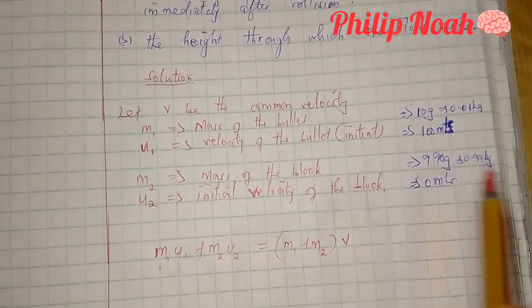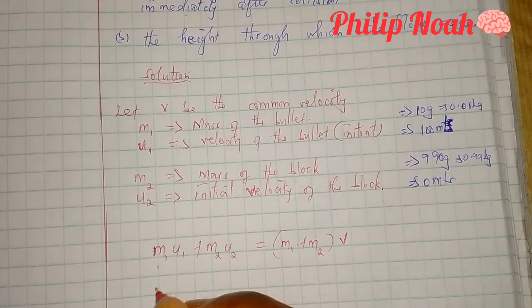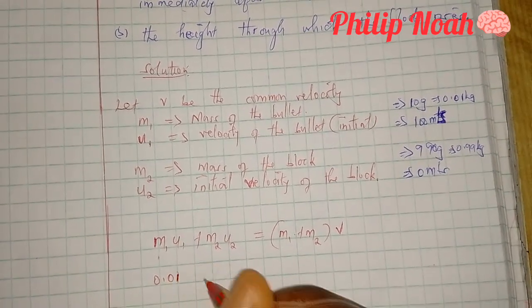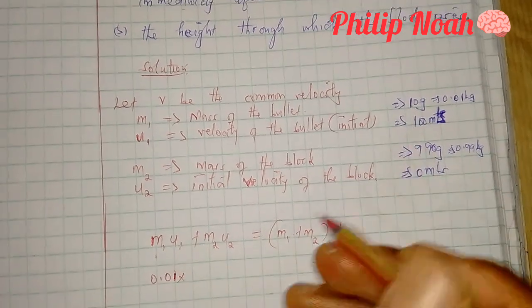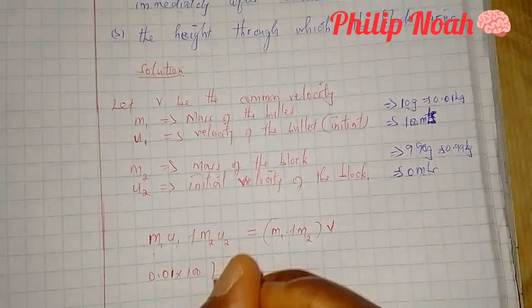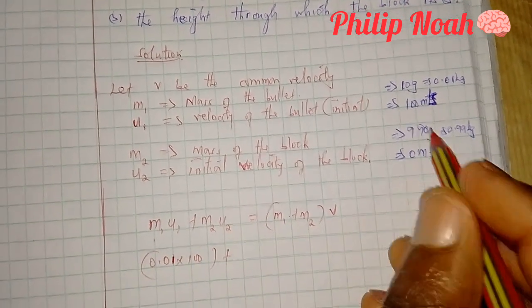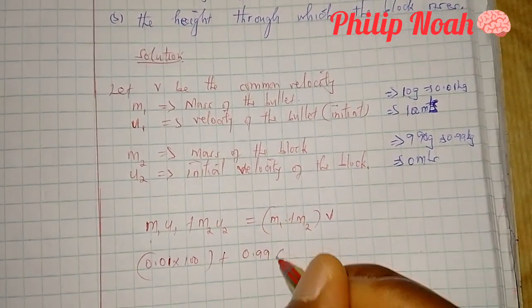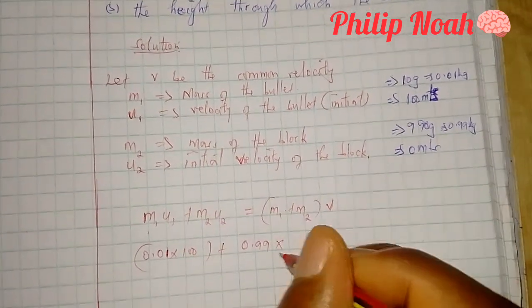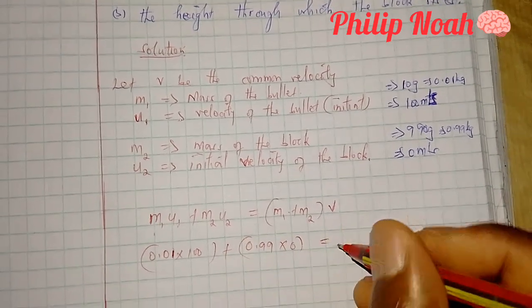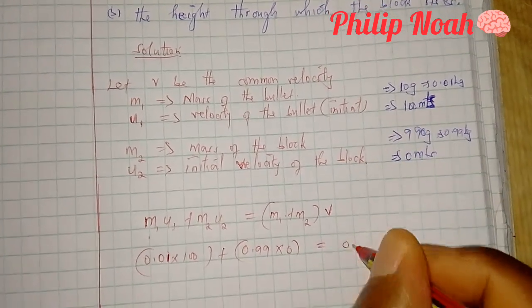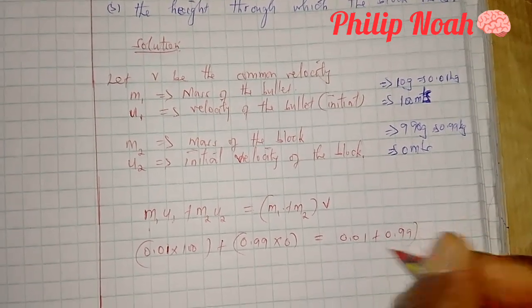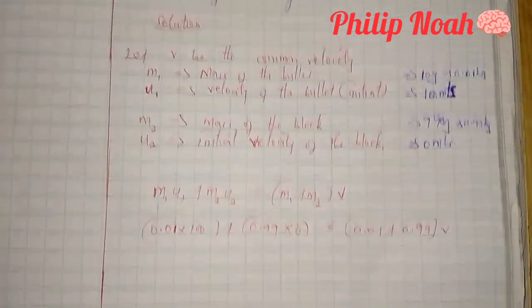We have 0.01 times u1, that is 100, plus 0.99 times u2, which is 0, equals 0.01 plus 0.99 times v.